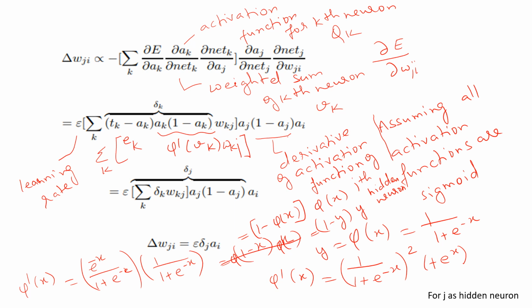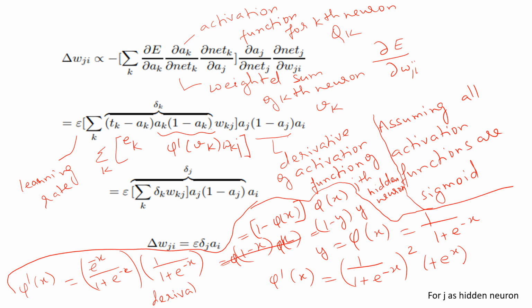So I'm making a line so that you can have a bifurcation here. Yeah, this is the derivative of sigmoid. This portion is the derivative of sigmoid. It is clearly written in the next slide.